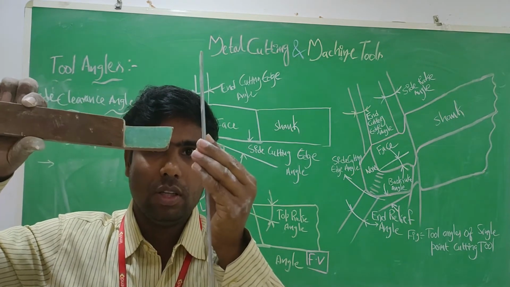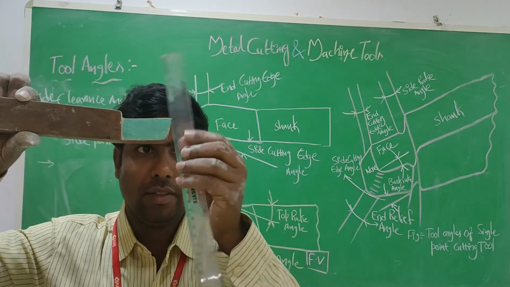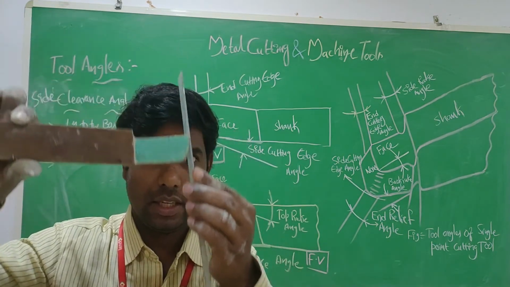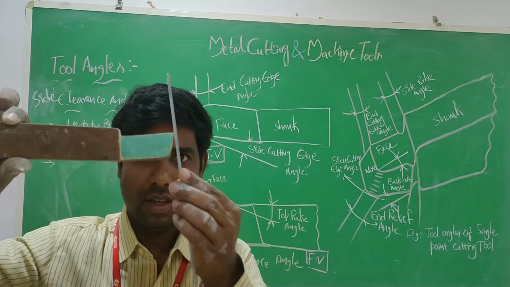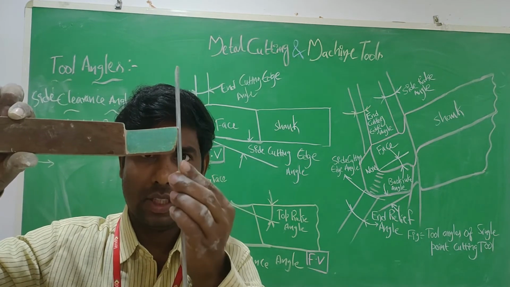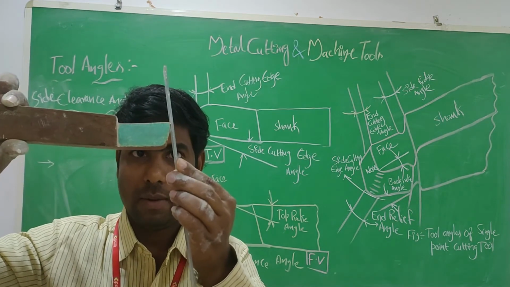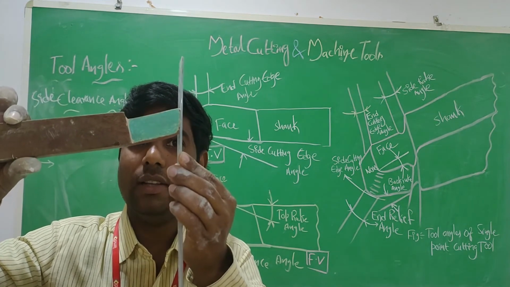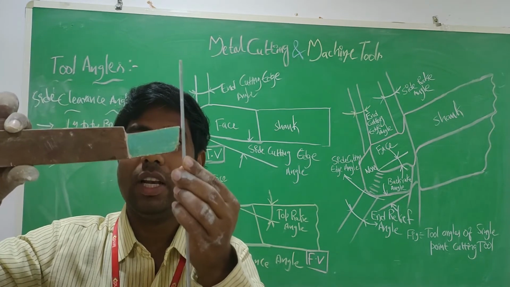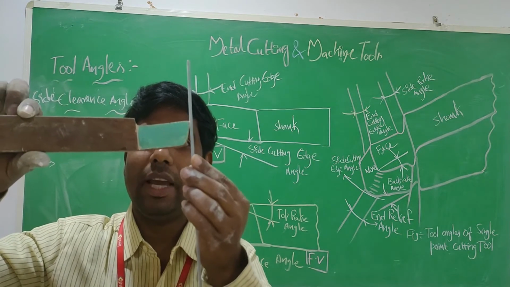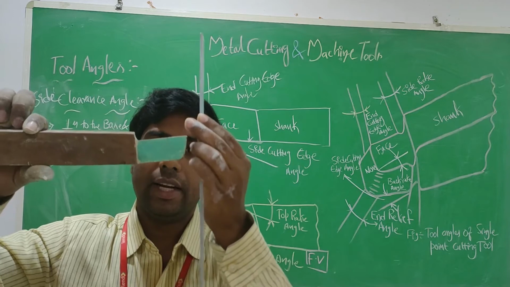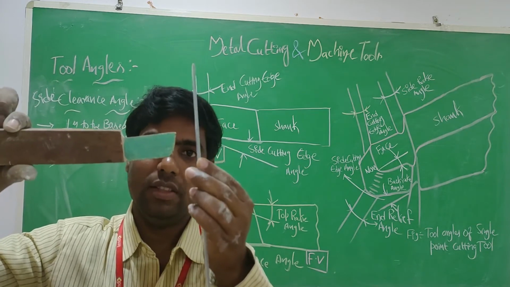If we are not maintaining proper inclination between the workpiece and the tool, there is a direct contact of the flank and the workpiece. Automatically a rubbing action develops, friction increases, and the cutting edge will get damaged very fast. If there is no clearance angle, friction is generated and both the tool and workpiece are damaged.